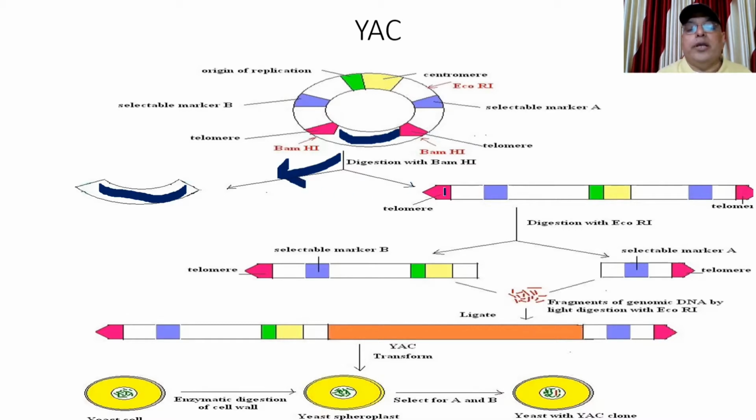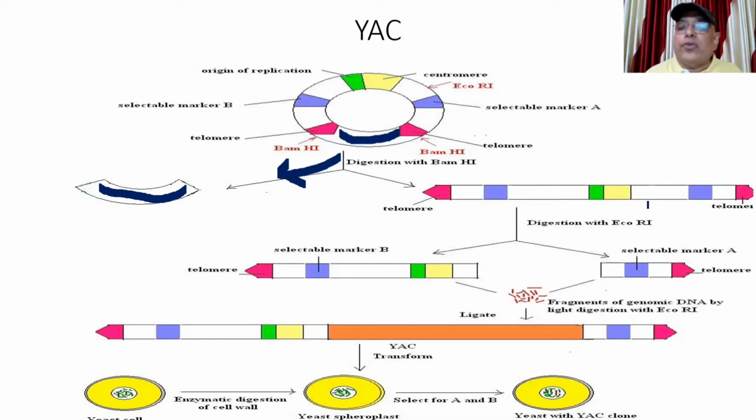Now the remaining stretches have telomere at this end and telomere at that end, then origin of replication, then centromere, and then here you have got the EcoR1 site.